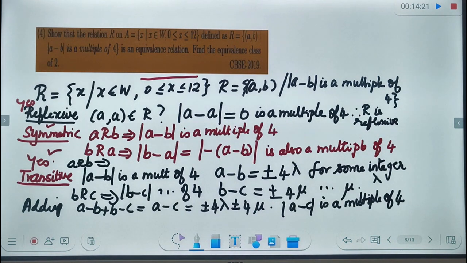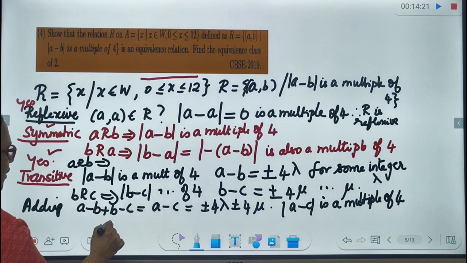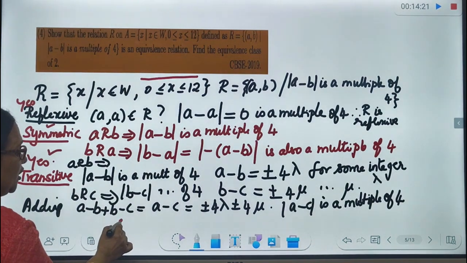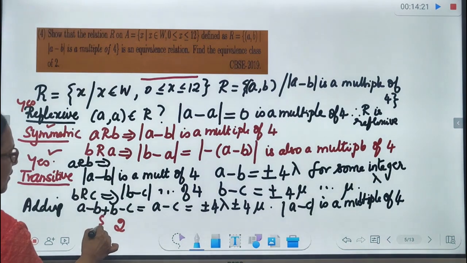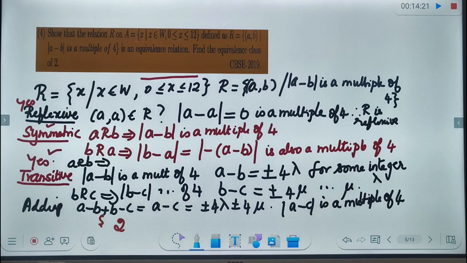When will B be related to A? If A minus B is a multiple of 4. So we are finding the elements related to 2. Now let me take 2 comma 0. Is 2 related to 0? Then what will you get? 2 minus 0. It is not a multiple of 4.